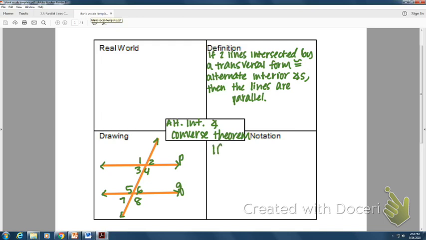So if angle 3 is congruent to angle 6, then line P is parallel to line Q. Questions so far?